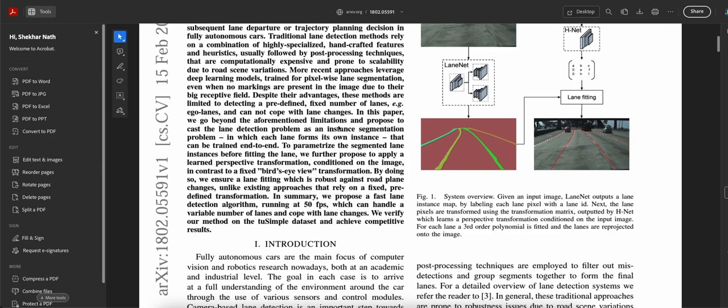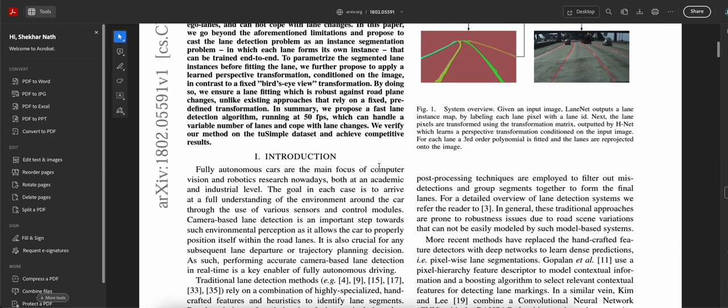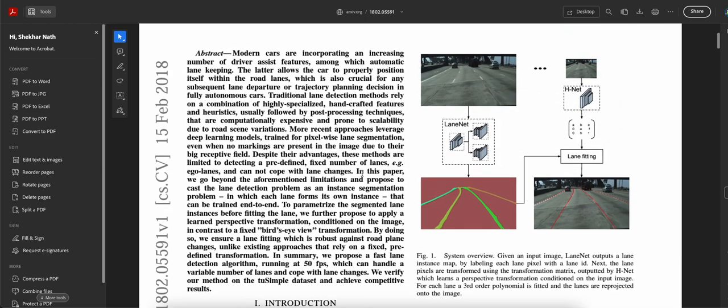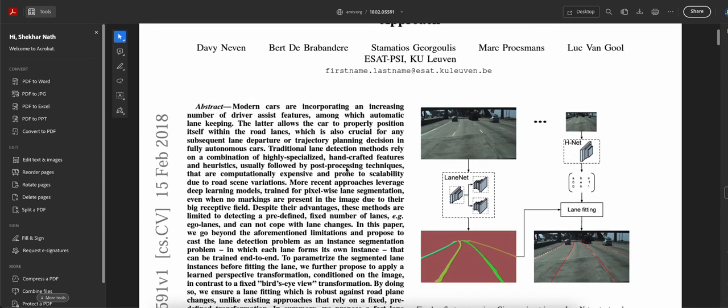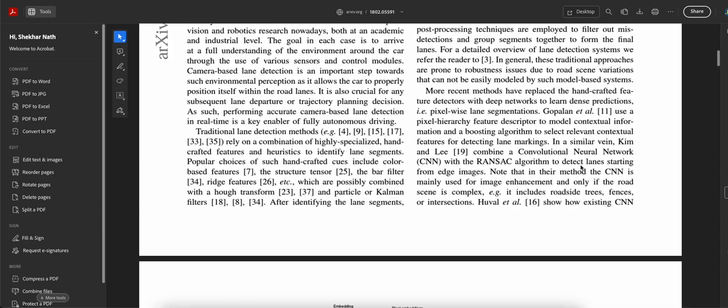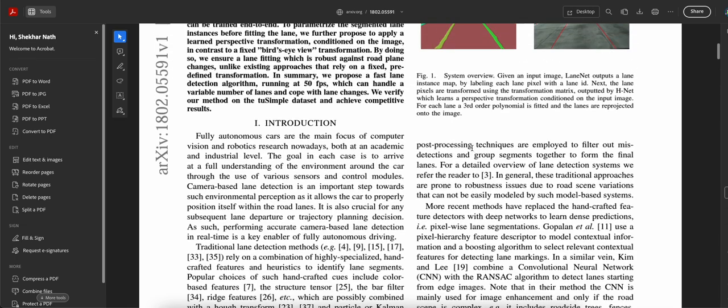In this paper, when I read through it a couple of times, that's what they've solved. When I say solved, I don't know how much of it is solved, but apparently, based on some benchmarking, which we can cover in the next video, it performs pretty well.